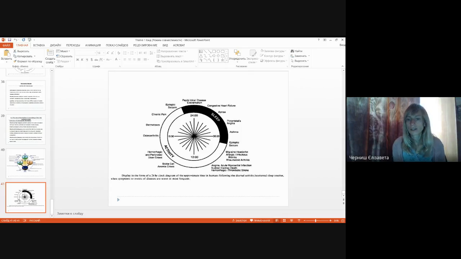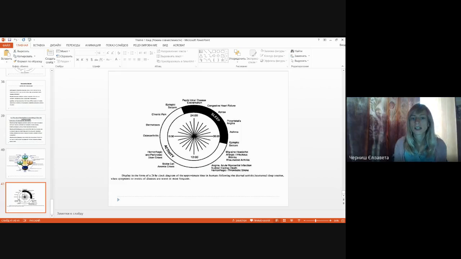So for diseases we see a difference by type. Asthma, for example, has some period of time of higher frequency in the biological clock activities of our daily presence.